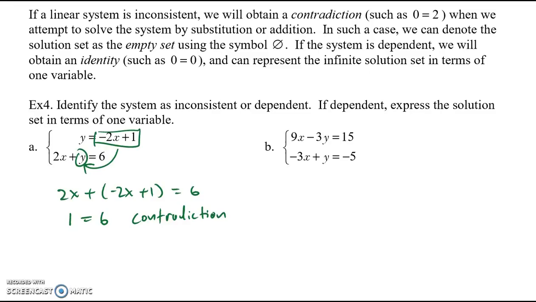If we obtain a contradiction, it indicates that the system has no solution. That is, it's inconsistent. And has an empty solution set. So for an inconsistent system, we can describe the solution set with the empty set symbol.